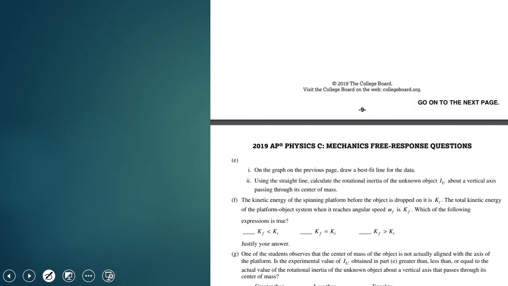So we had I_U is equal to I sub P, omega initial over omega final minus 1, right?